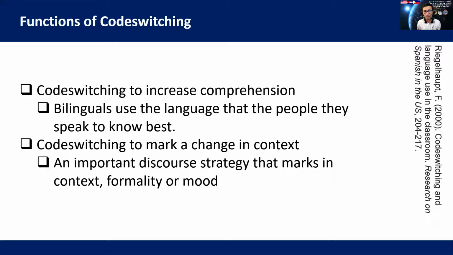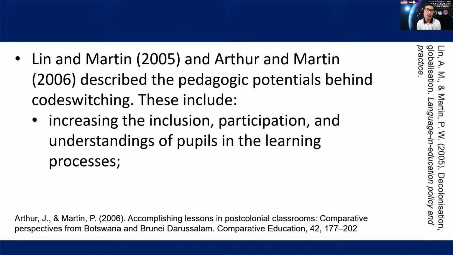Maybe today you're being very formal, using the English language, for example, but in another context, maybe just in a minute, you meet your friend in a corridor and you're speaking your vernacular because the person is just a friend. You're comfortable, you are familiar. So code switching is actually a core strategy that marks changes in context, formality, and even mood.